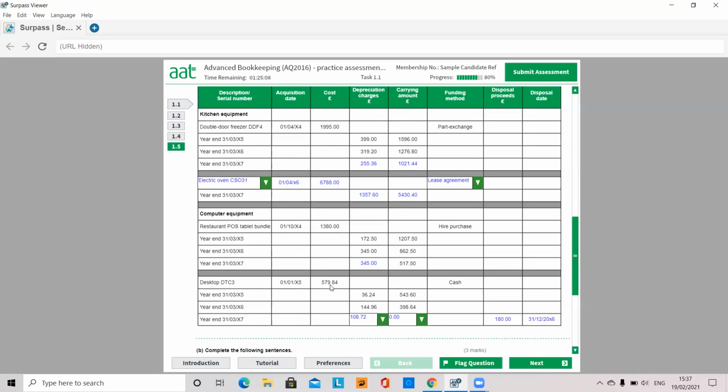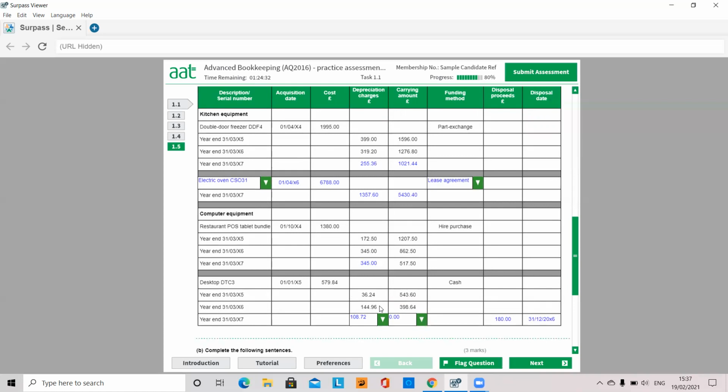So the best thing to do is to work out your depreciation charge for the year, which is 579.84 divided by the 4 years, gives you 144.96. Divide that by 12, which is £12.08 per month. And this time for that first one was 3 months. So times 3 months. So that's where you get your 36.24. So 579.84 minus the depreciation charge for the year gives us a carrying value of 543.60.